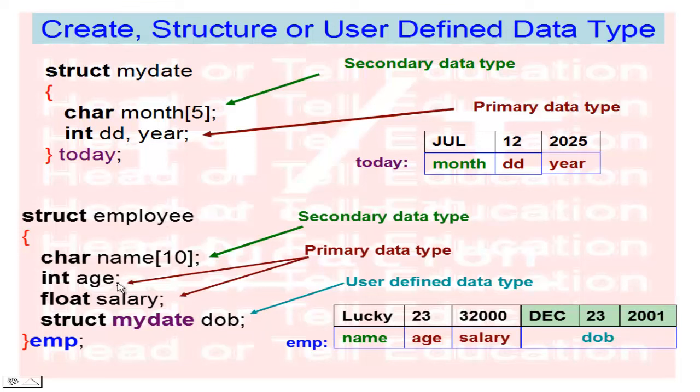So this is the collection of primary, secondary and user defined data types. The representation is like this: name Lucky, age 23, salary, and date of birth is the one user defined data type structure, with month, date and year. So this is the object of the employee structure variable.